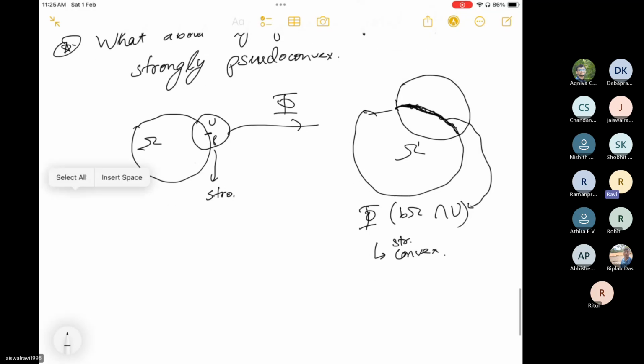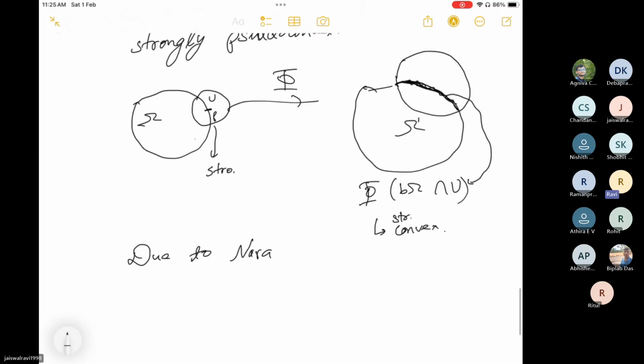This is the result due to Narasimha. I will state the result explicitly, but before that we need one lemma to prove this theorem.